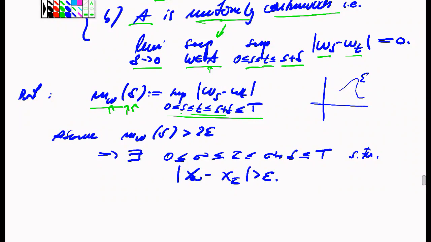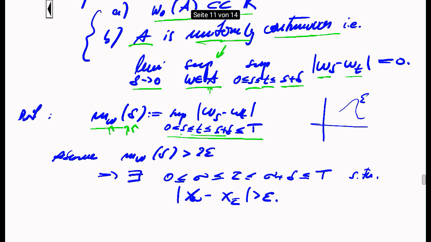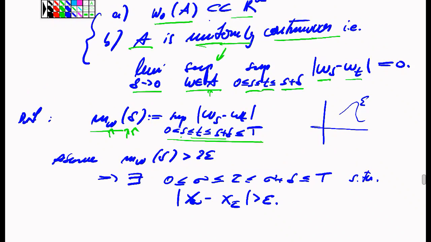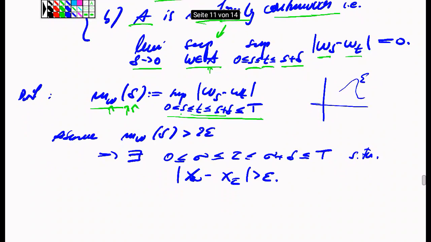So again, the modulus of continuity of a certain trajectory is given as the maximal difference of two evaluations of this trajectory when the two evaluations are no further than delta apart. And to say that a collection of sets is uniformly continuous is just as good as saying that the modulus of continuity converges to zero uniformly when delta converges to zero.